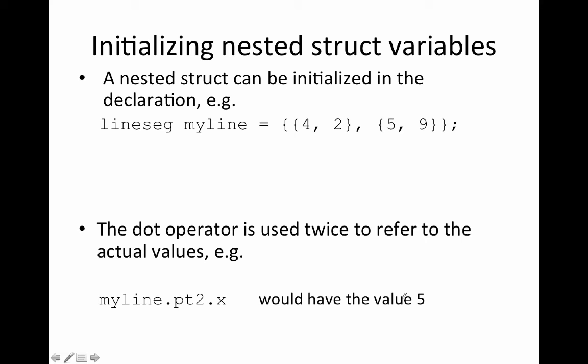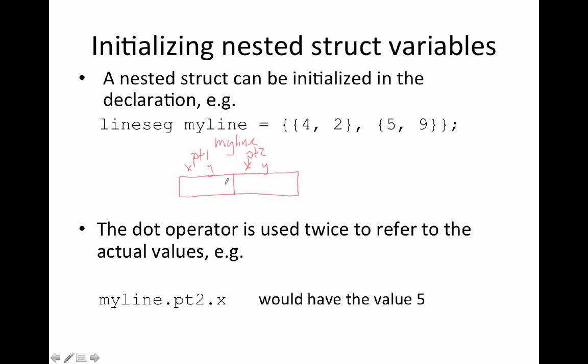A nested structure can be initialized in the declaration. For example, lineseg myline gets the value of, and then using nested curly braces. Again, what myline looks like is: within myline, we have pt1 and pt2. Each of those is a structure that has x and y coordinates.